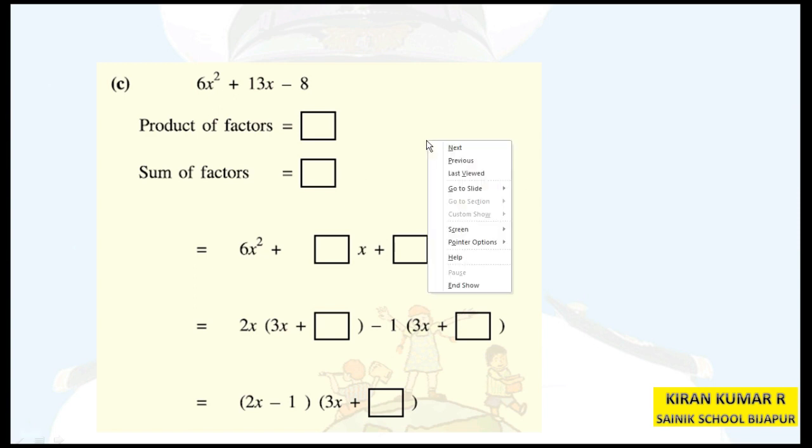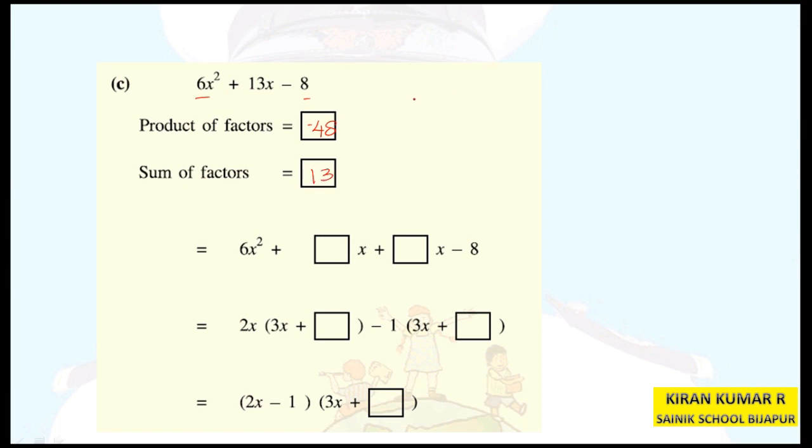Now we will be able to understand it much better. It's once again a quadratic polynomial. 6 multiplied to minus 8 is a product of factors. 6 minus 48. Sum of the factors has to be 13.